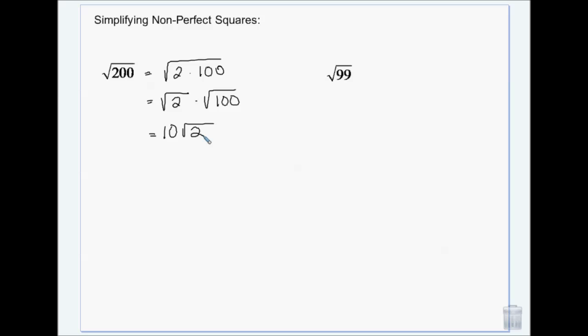But maybe you don't know all your perfect squares. So the other way to do this is we can make a factor tree. And maybe you get this far and you recognize that 100 is a perfect square and you're done. Maybe you don't.